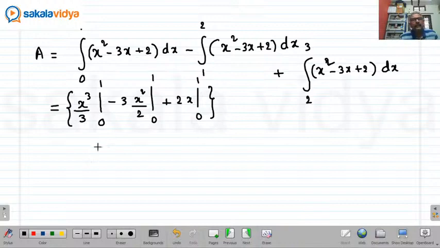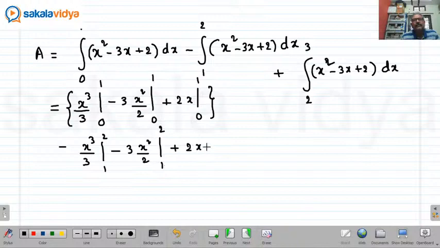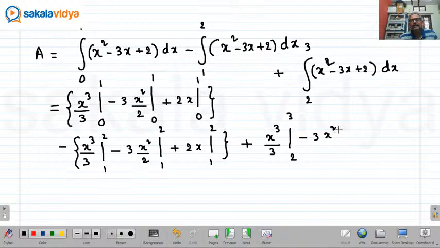And minus, here we have x cube by 3 from 1 to 2, minus 3 times x square upon 2 from 1 to 2, plus 2x from 1 to 2, and plus x cube by 3 limits 2 to 3, minus 3 x square by 2 from 2 to 3, plus 2x from 2 to 3.